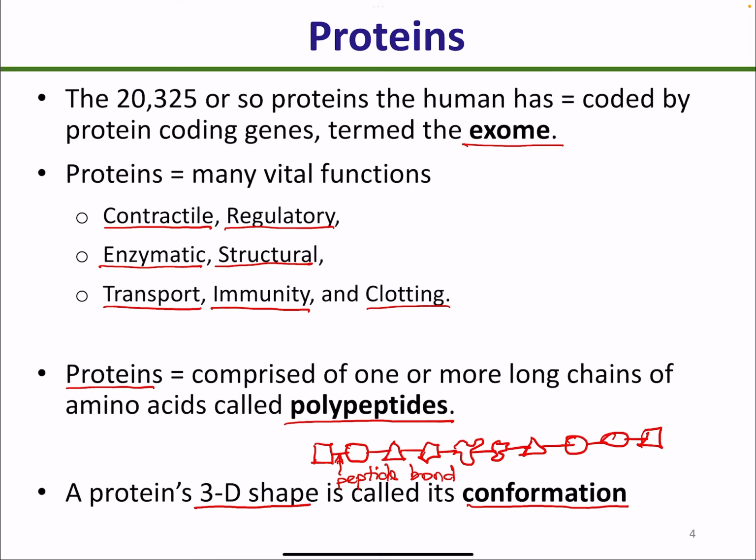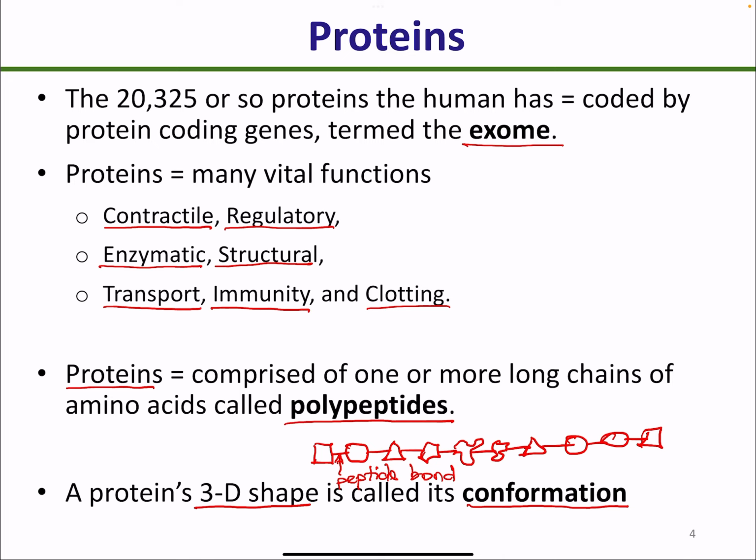proteins in our body. Now, when you consider the proteins in our body, remember we said we have 20 different amino acids, right? So when we compare the proteins, the amino acids that occur in these proteins are very similar. The only difference is the sequence of these amino acids.